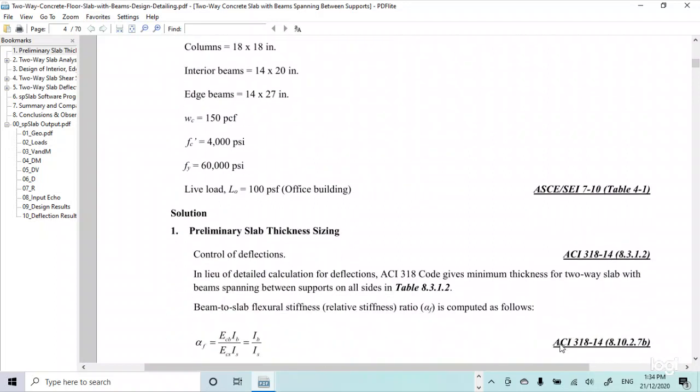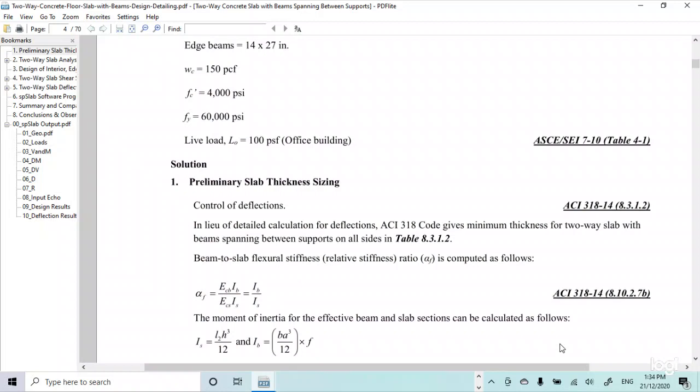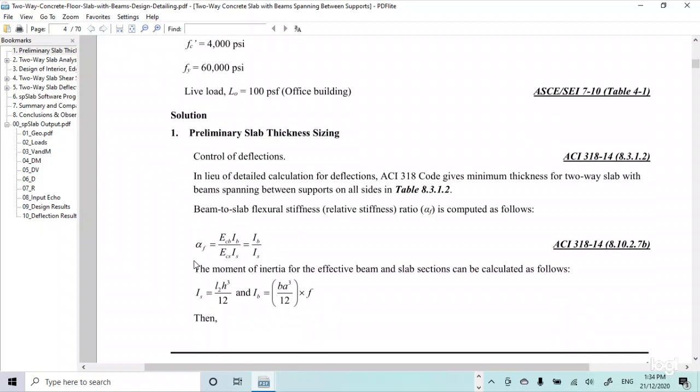The design data formula has to be utilized for controlling deflection and slab thickness sizing.